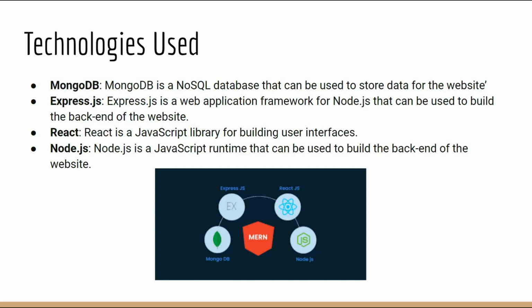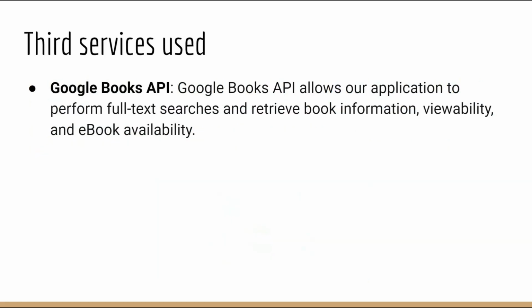And for the front end, we are going to be using React. It's a JavaScript library for building user interfaces. And the last one is Node.js. It's a JavaScript runtime that can be used to build the backend of the website as well. The third service that we are going to be using is the Google Books API.